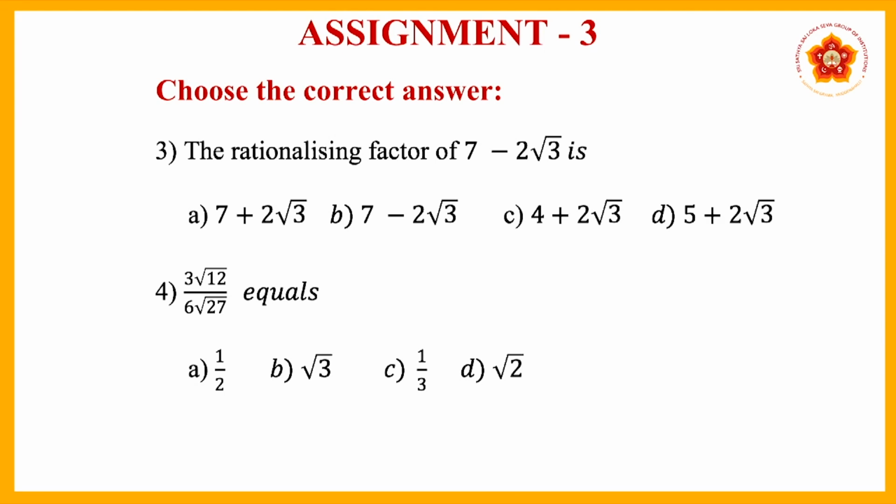Third problem, the rationalizing factor of 7 minus 2 root 3 is, first option A 7 plus 2 root 3, second option B 7 minus 2 root 3, third option C 4 plus 2 root 3, fourth option D 5 plus 2 root 3. Next, fourth problem, 3 square root of 12 upon 6 square root of 27 equals, the first option A is 1 by 2, second option B is root 3, third option C is 1 by 3, fourth option D is square root of 2.